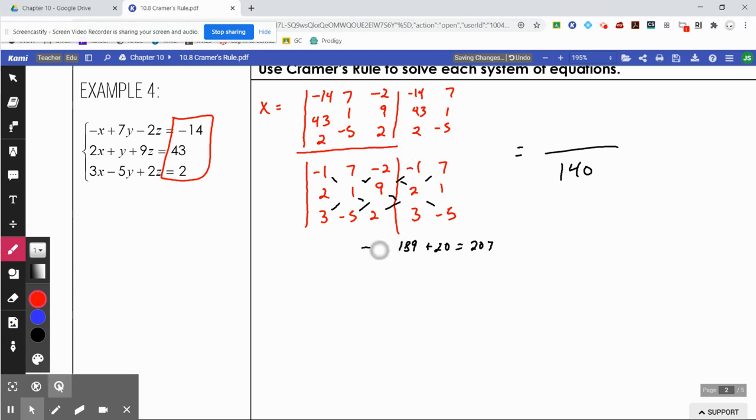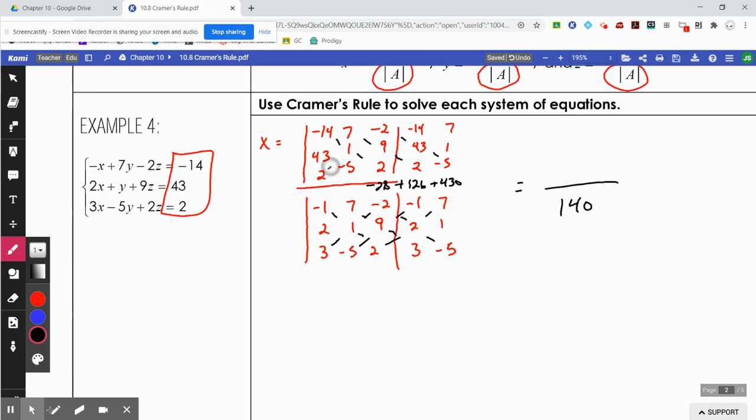Let me erase this to give me some more room. We're going to do down minus up. First off, our downs, we're going to multiply these 3. That's a negative 28. Multiply these, that'll be 14 times 9, which is a positive 126. And multiply these, and that gives me a positive 430. That's your downs. Your ups are going to be a negative 4. This will be a positive 630.